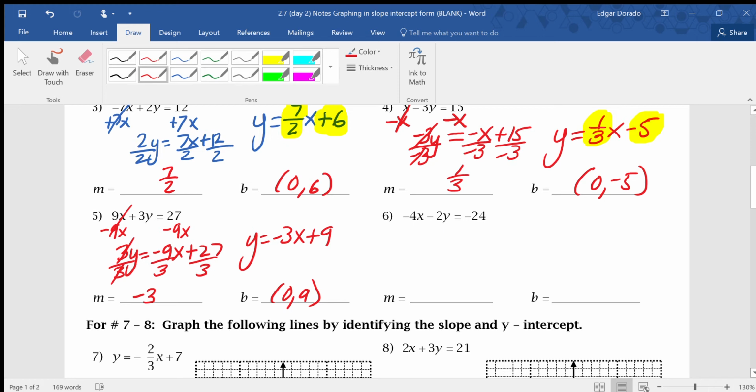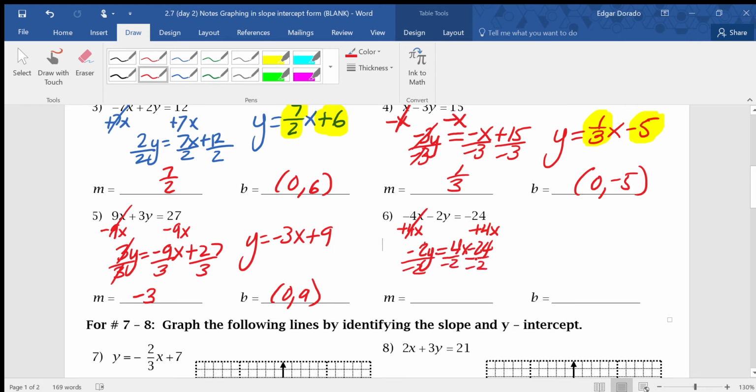So let's see. Let's go ahead and isolate the y. So I'm going to add 4x. So what do I get? I get -2y equals 4x minus 24 divided by -2. What do I get?